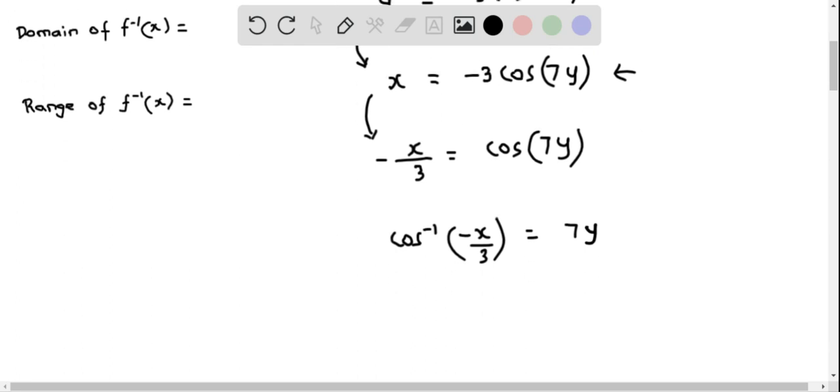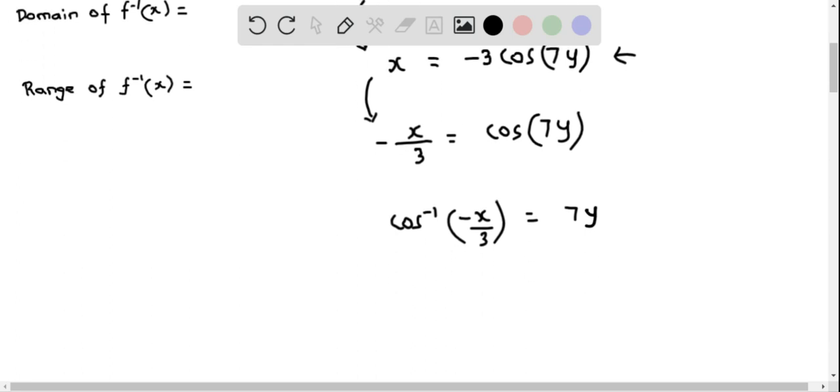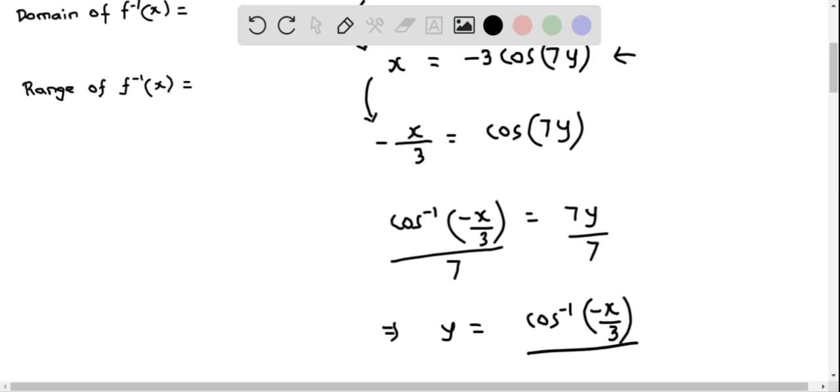We divide both sides by 7 so that we get y equals cos inverse of negative x over 3, divided by 7.